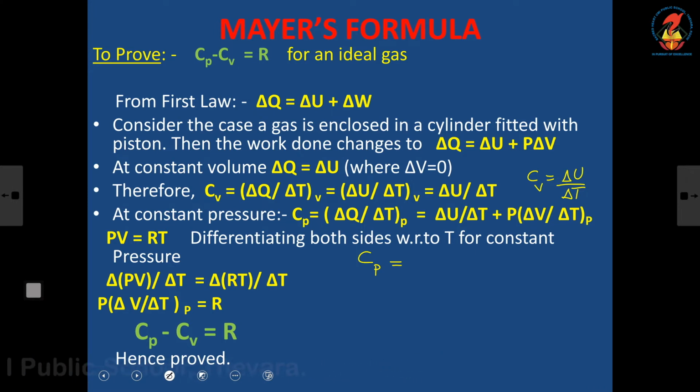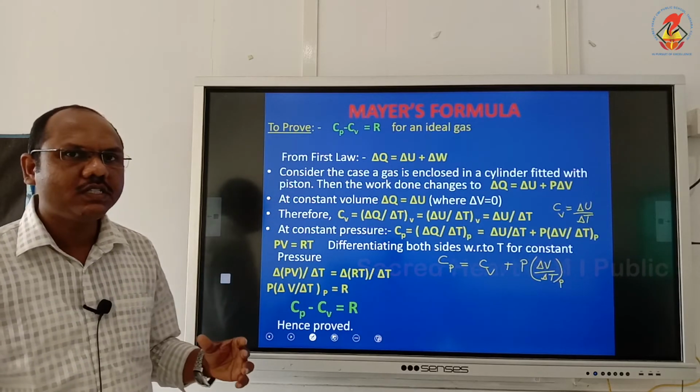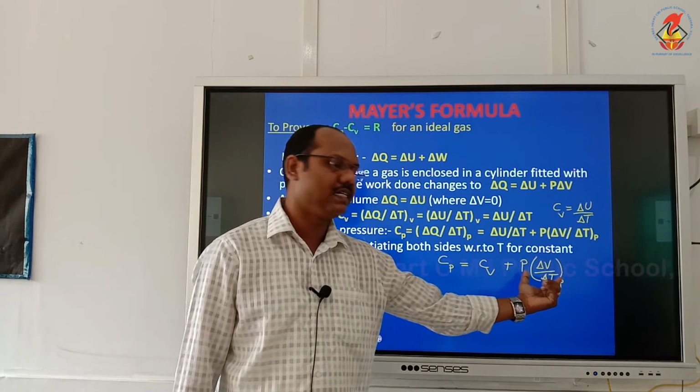So, instead of this, I am writing Cv plus P into delta V by delta T at constant pressure. This is my equation. Now I want to give a substitution for this term.